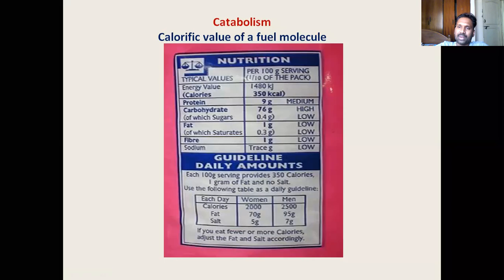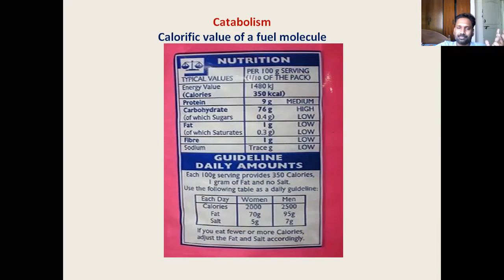And of course, there will be a breakup of these kilocalories also. Sometimes, out of this 350 kilocalories, how much is given by carbohydrate? How much is given by protein? So this is what the nutritional value of a food is, is it not? But there is a rough guideline of how much food is to be ingested.